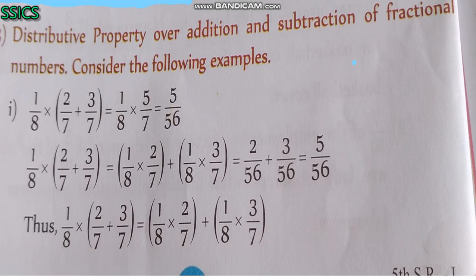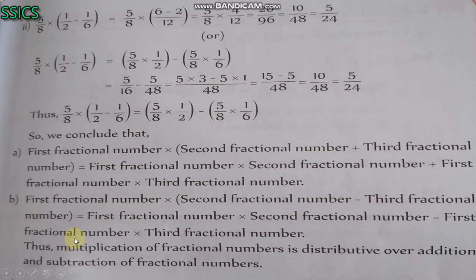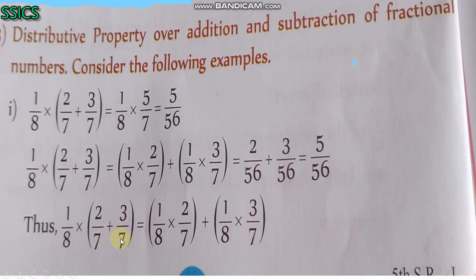From this example, remember the distributive property correctly, students: A into (B plus C) is equal to A into B plus A into C. In both cases we get the same answer. 1 by 8 into (2 by 7 plus 3 by 7) is equal to 1 by 8 into 2 by 7 plus 1 by 8 into 3 by 7. This is the distributive property.